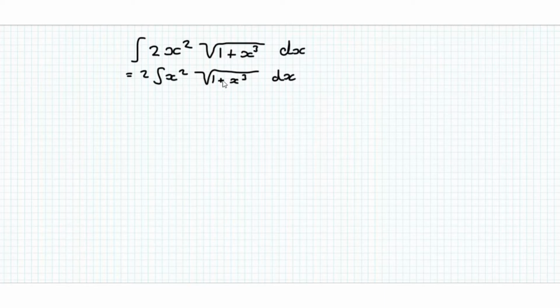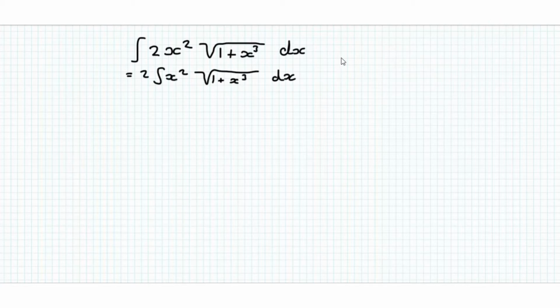We've got a function of a function, f of g of x, with f being this square root, g of x being 1 plus x cubed, and then g dash of x is equal to 3x squared, but that is just a constant multiple. It's a third of g dash of x.